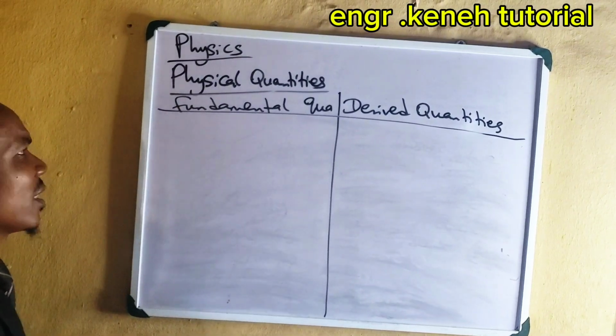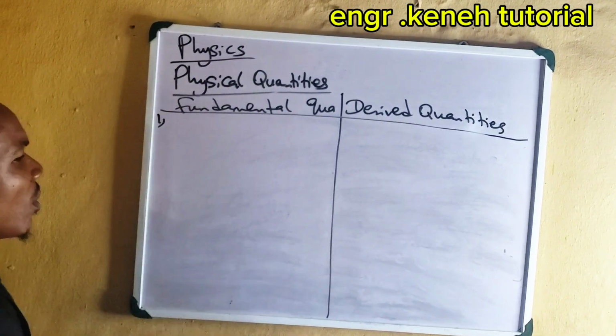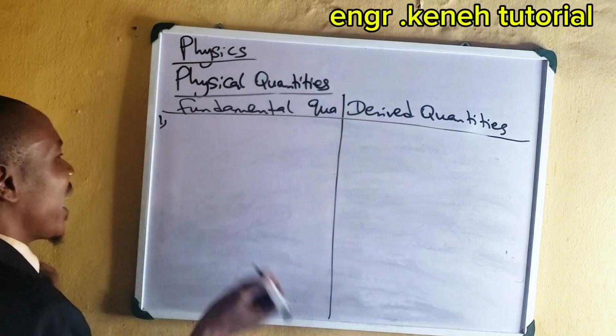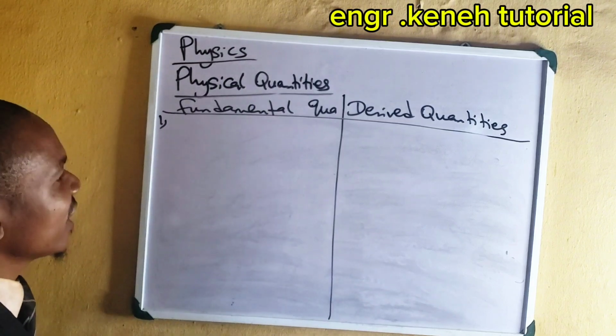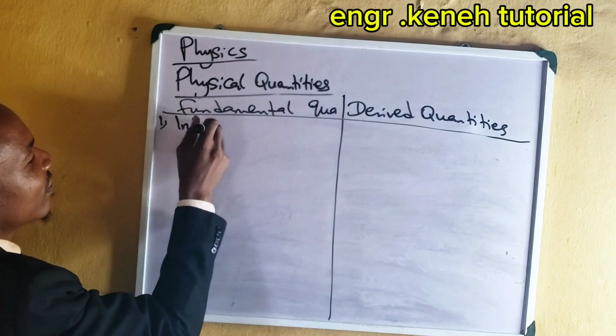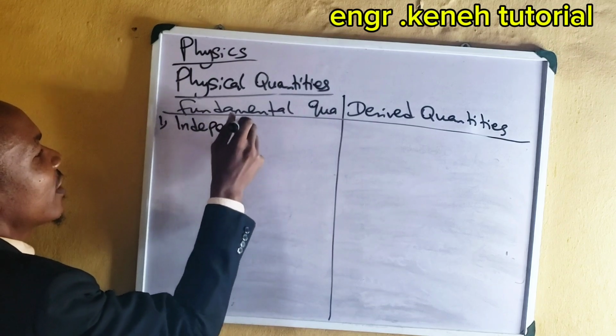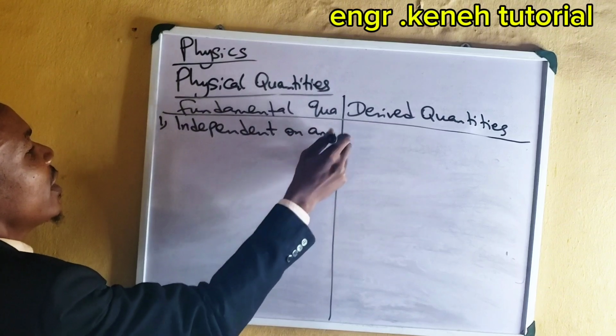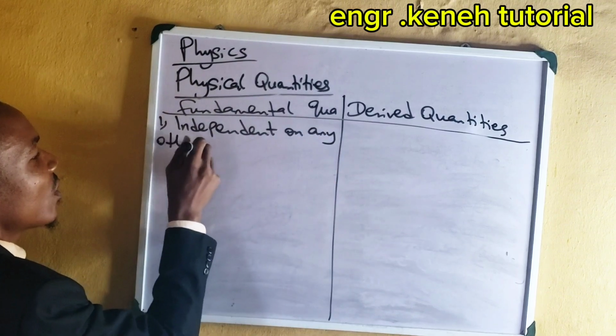So how do we go about this? Let's start from number one. Number one, fundamental quantities are independent of any other quantity. Independent of any other quantity.